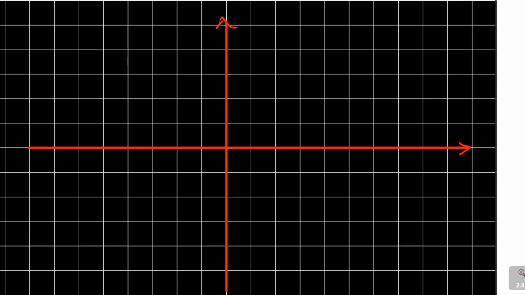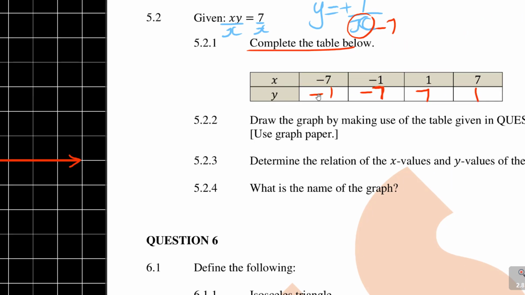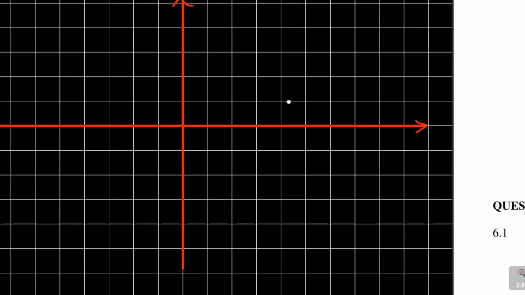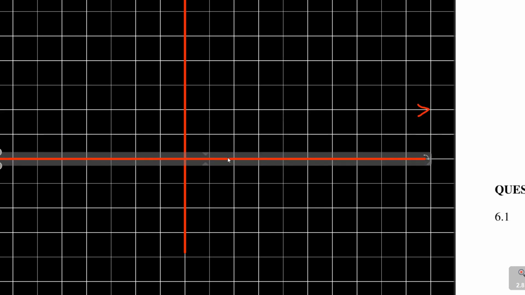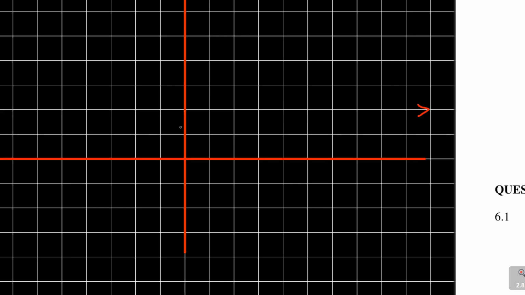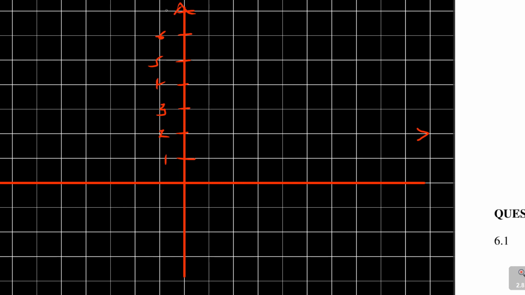So you saw that y goes from -7 to 7, and x from -7 to 7. Let me pull this down a bit: this is 1, 2, 3, 4, 5, 6, and it still stretches further, and then I've got 7 there.